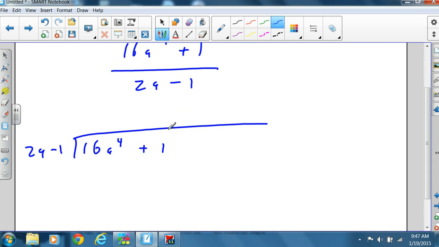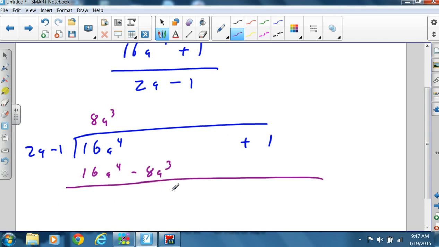So I'm going to rewrite this a little bit and put my plus 1 over there. 2a goes into 16a to the 4th 8a cubed times. So I get 16a to the 4th minus 8a cubed. I subtract, I get a 0. I subtract, I get 8a cubed.